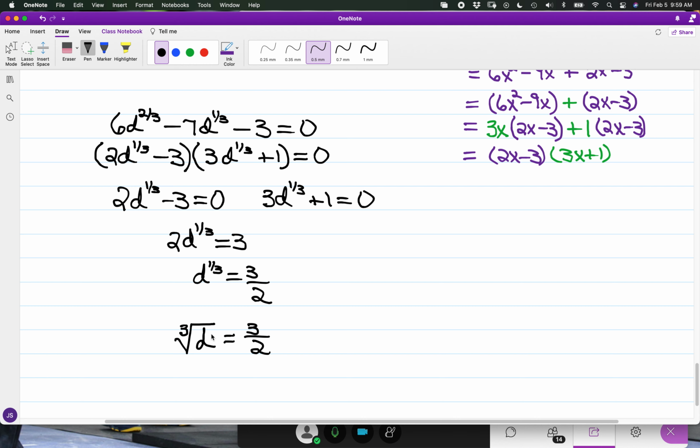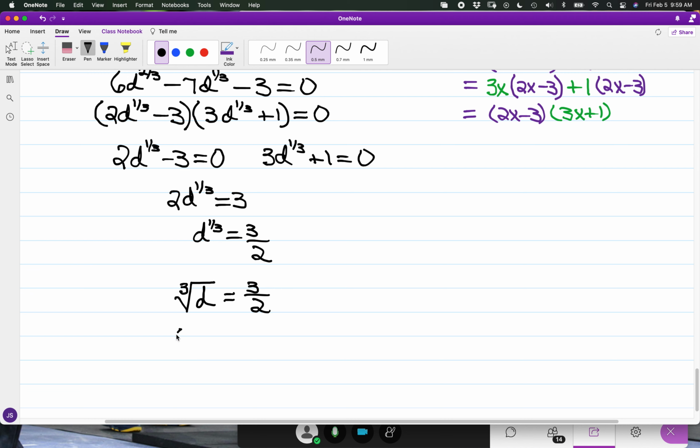I can take care of the radical by raising both sides to the 3rd power. So I have the cubic root of d to the 3rd, which will be d, and for 3/2 cubed, you have the cube of 3, which is 27, and the cube of 2, which is 8. So you have one solution in d, which is going to be 27/8.